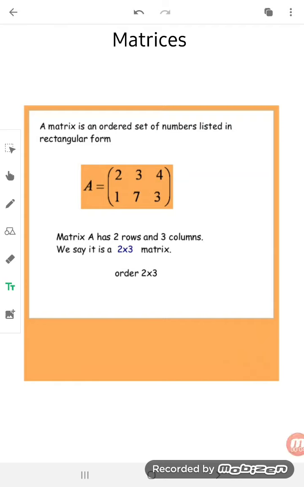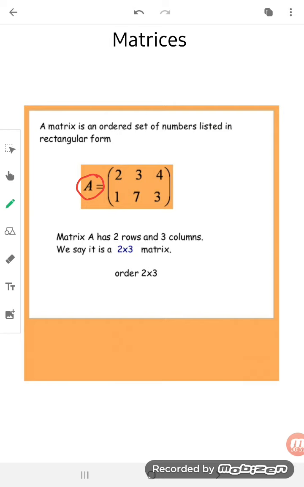Our lesson today, matrices or matrix. A matrix is an ordered set of numbers. Numbers are called elements, listed in rectangular form, such as A. A is the name of the matrix, equals 2, 3, 4, 1, 7, 3.